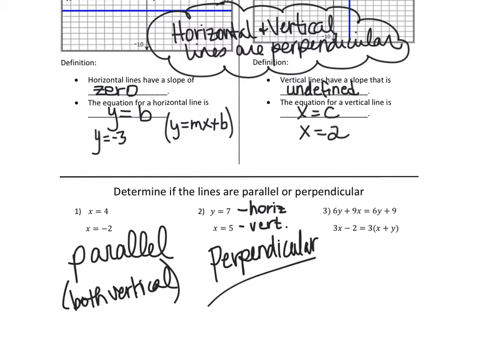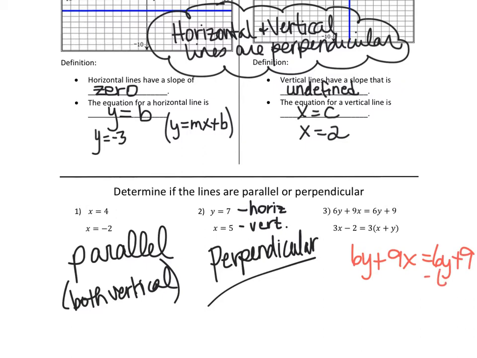Okay, so on this one, let's solve for these. So we want to solve for, you know how we just go and solve for y? That's what we'll try to do. Okay, so I'm going to write this one in a different color, just so we're keeping things together here. So we have 6y plus 9x equals 6y plus 9.